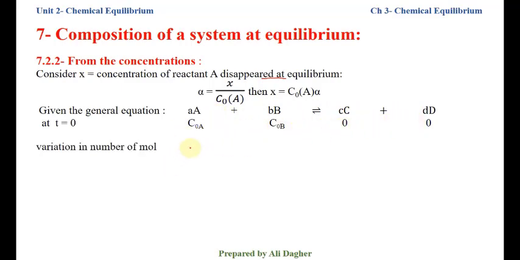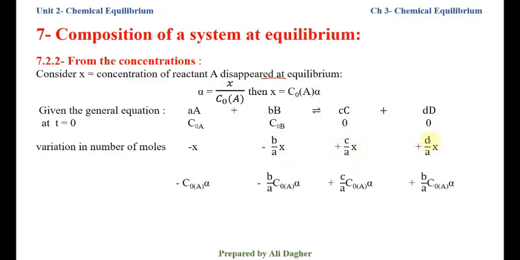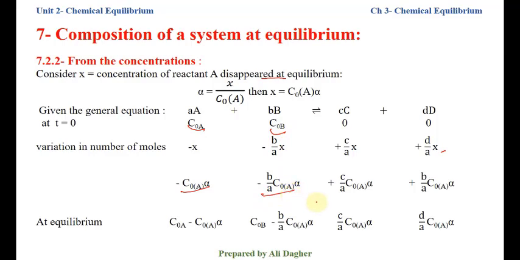Variation in terms of X: minus aX, minus bX, plus cX, plus dX. We replace X by C0A alpha: minus a C0A alpha, minus b C0A alpha, plus c C0A alpha, plus d C0A alpha. At equilibrium: C0A minus C0A alpha, C0B minus b over a C0A alpha, 0 plus c over a C0A alpha, 0 plus d over a C0A alpha.